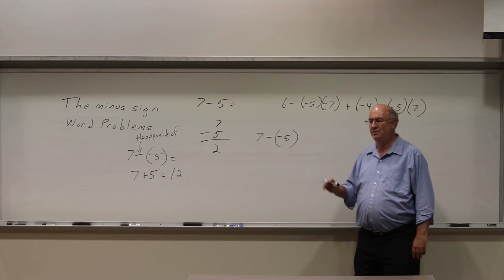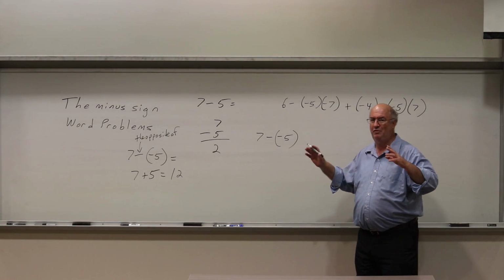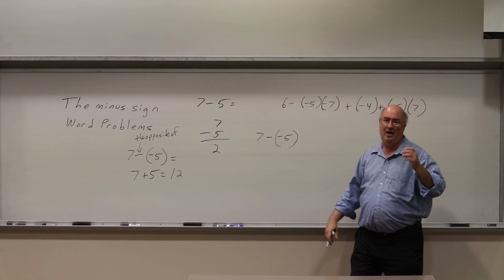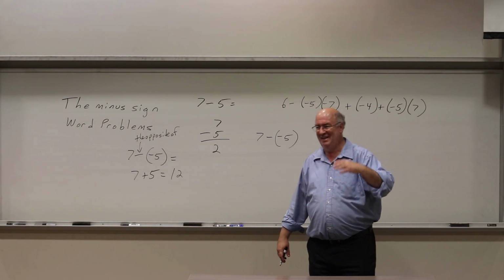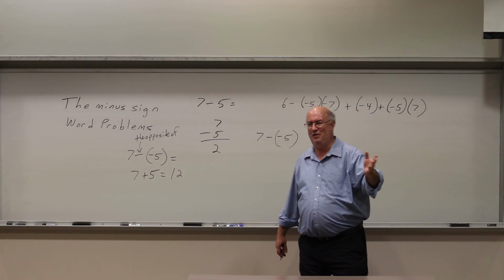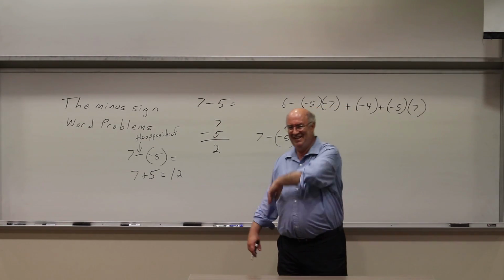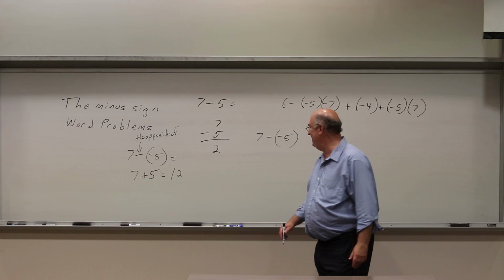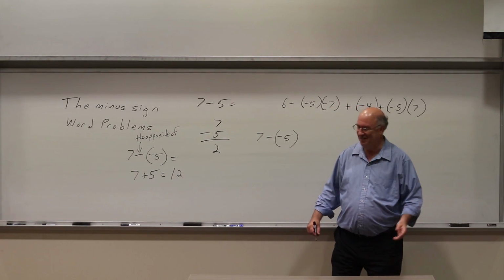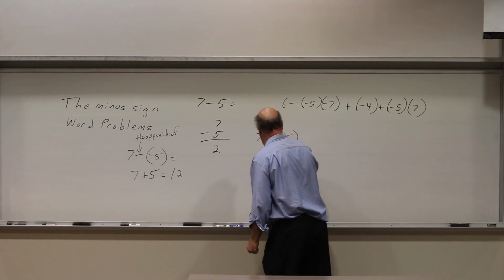A lot of people, after you do this for a while, it's like the opposite of negative is this, the opposite of positive is that. By the time you get to the 5th or 6th thing, you want to just leave the math problem alone and go do something else. So to get around that, what a lot of people do is they put a 1 here.